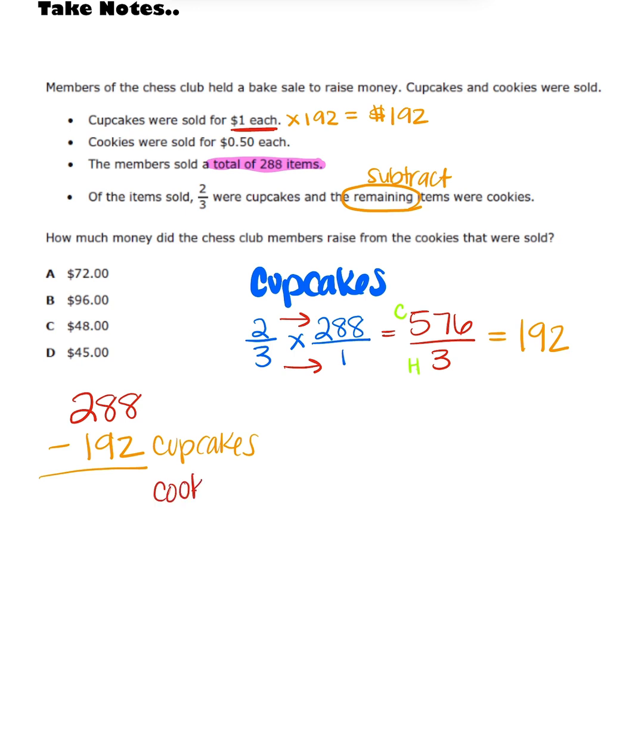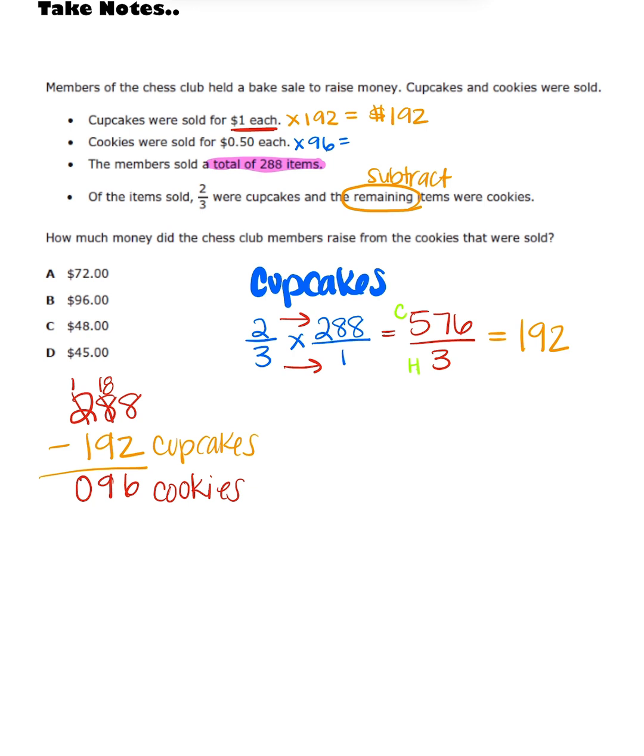So cookies down here. So 8 minus 2 is 6. We can't take 9 from 8, so we have to borrow. 18 minus 9 is 9, and 1 minus 1 is 0. So there are 96 cookies. So cookies times 96, and that is going to equal times 50 cents.